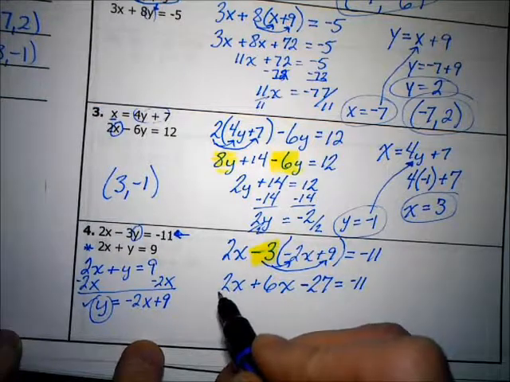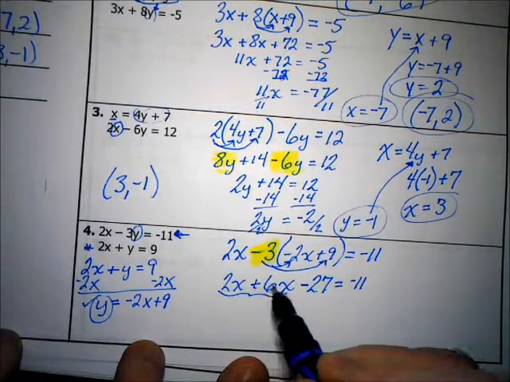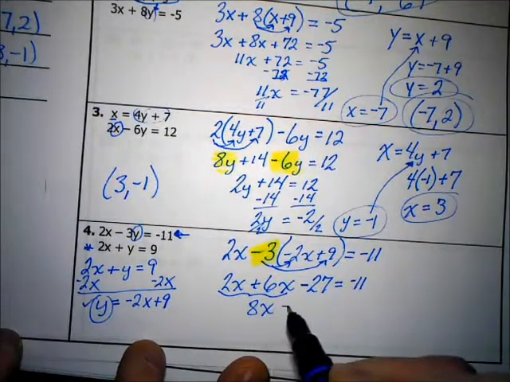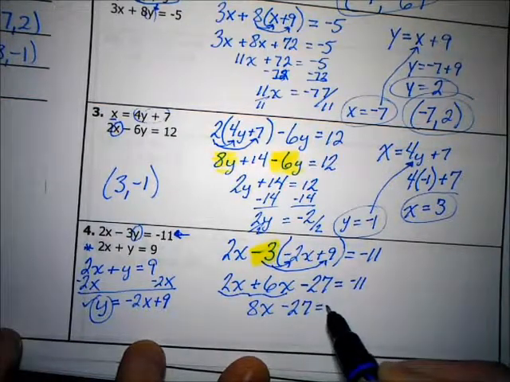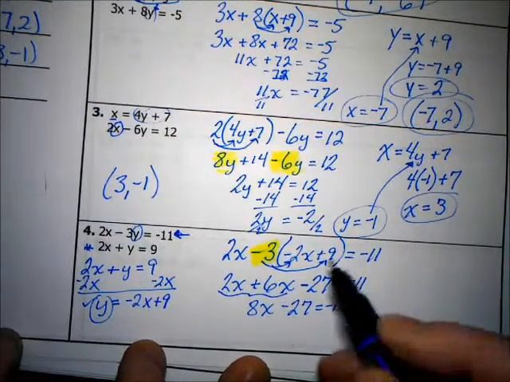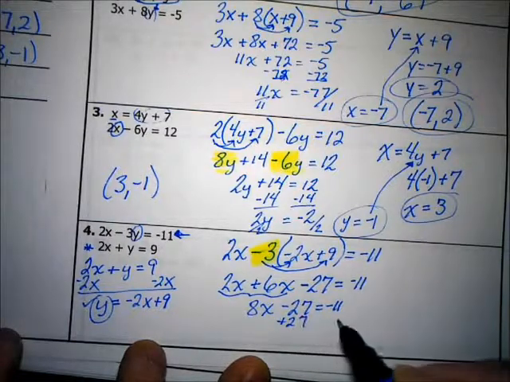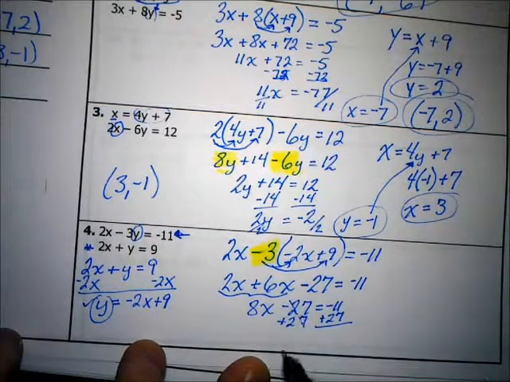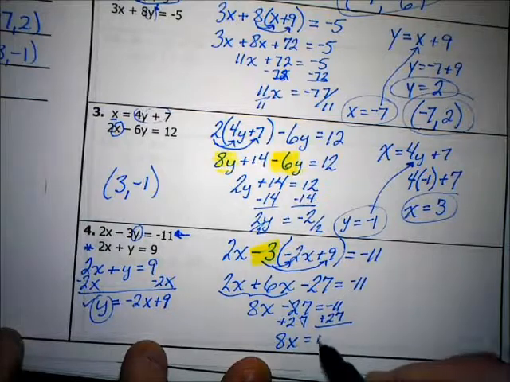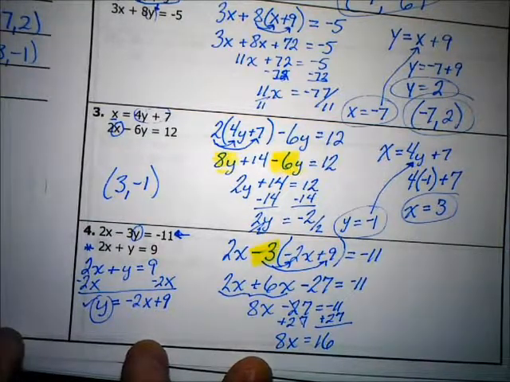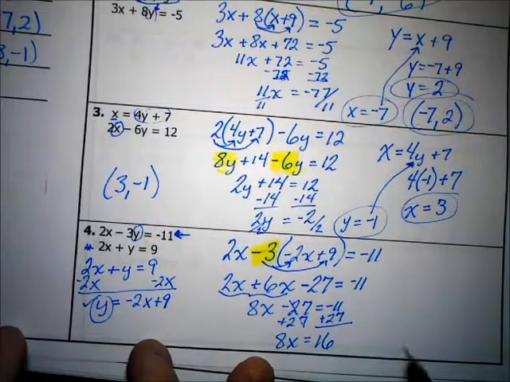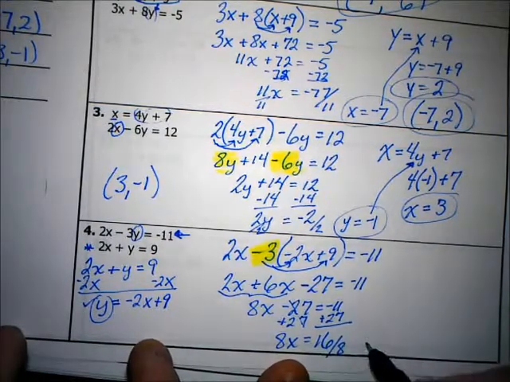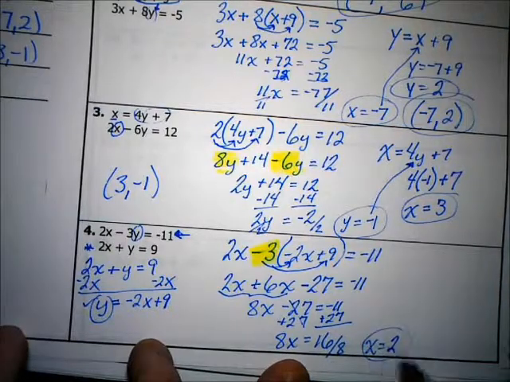If I combine my x's, 2 plus 6 is 8. I need to move my constant, so I'm going to add 27. It gives you 8x is equal to, I think that's 16. Make sure. Yep. I want to divide by 8, and that tells me x is equal to a 2.